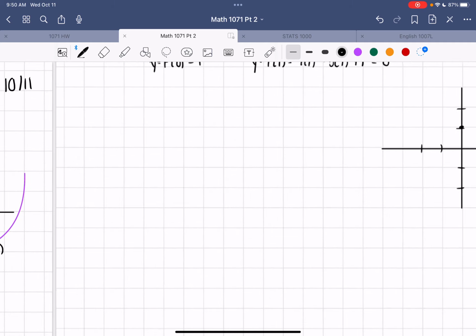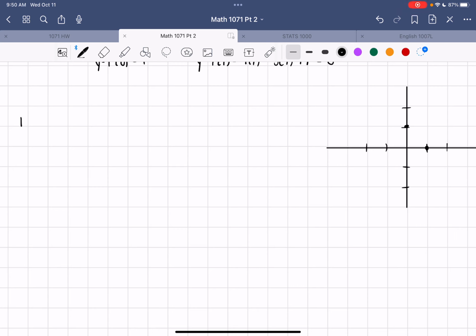So there are going to be 3 intervals, because I want left of 0, between 0 and 1, to the right of 1. So let's take f prime of, say, negative 1. Now, in factored form, that factor is negative, that factor is negative. And if I multiply two negative numbers, I get a positive, so shape is increasing.